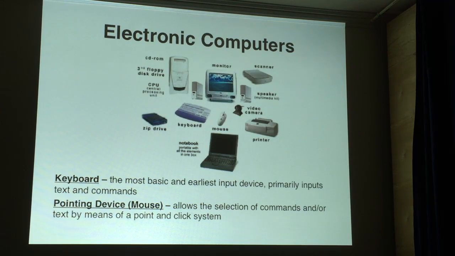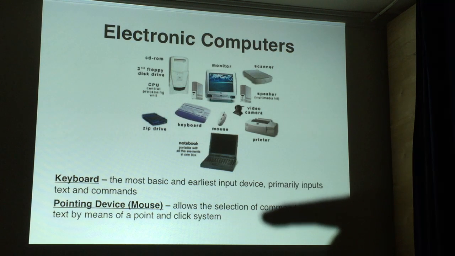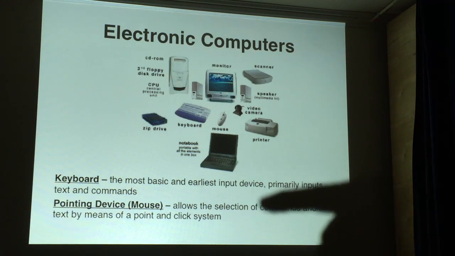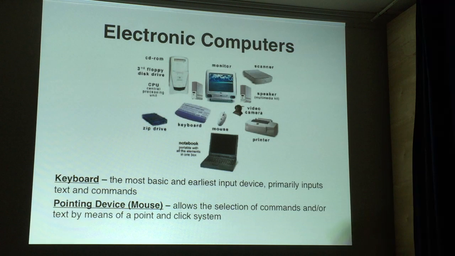So you could select commands from a menu and just point at the command, like the delete command or the cancel command or the print command, and you just clicked it instead of having to write PRT, which was print, or DEL, which was delete. And then you could also select text that you wanted to copy or delete or do something with. So the mouse was a significant step forward in terms of input into the computer.